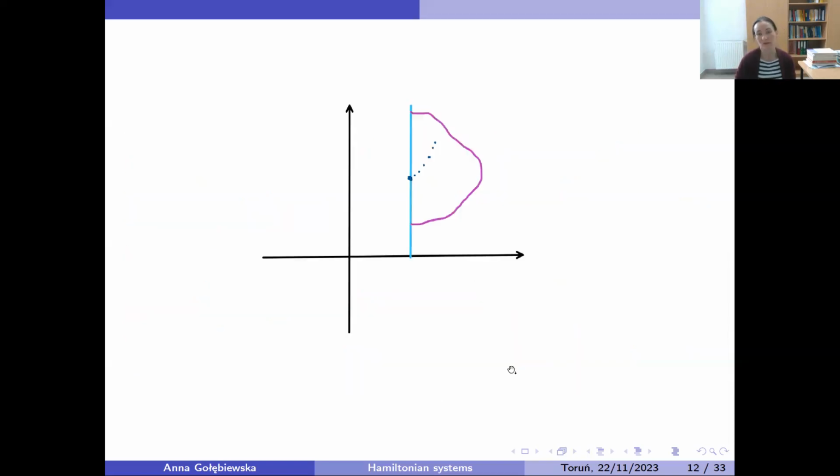Let me illustrate it also. So here I have 2 points, and first of all, I have a connected family of solutions. These solutions are in my non-trivial part of solutions. And in this picture, this connected family goes back to the trivial family.